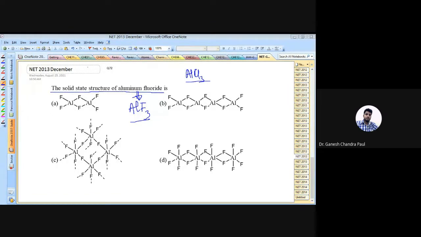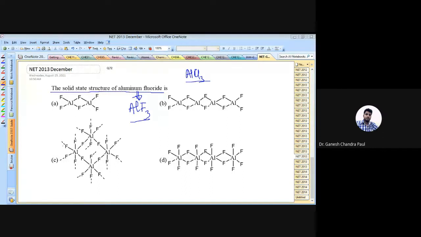When this kind of question is asked, the solid state structure means the three-dimensional structure, and as I already mentioned, like aluminum trichloride, aluminum fluoride also has an octahedral arrangement in the three-dimensional structure. That is what causes the high melting point of aluminum fluoride.